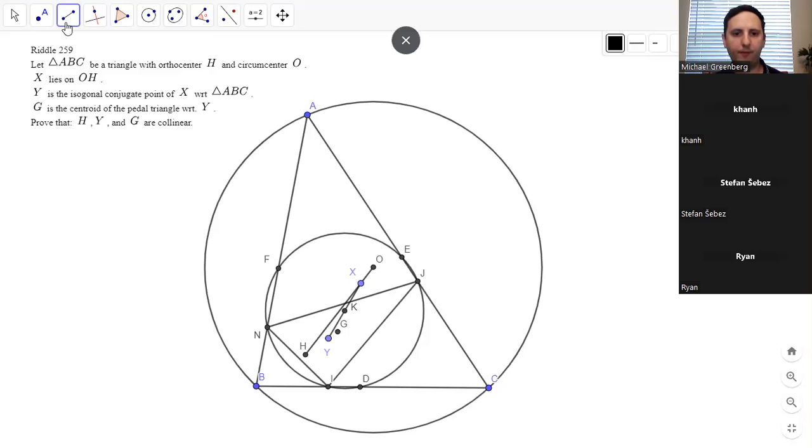So we could draw, well, yeah, I don't know if it would be that easy to state it like that. Obviously, angle XAO is HAY.